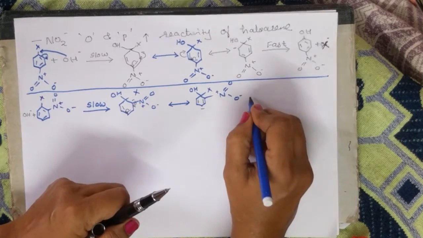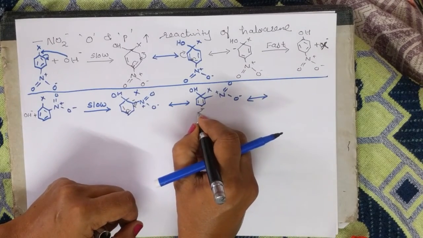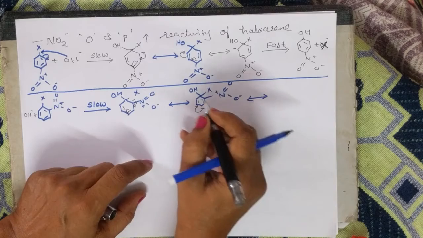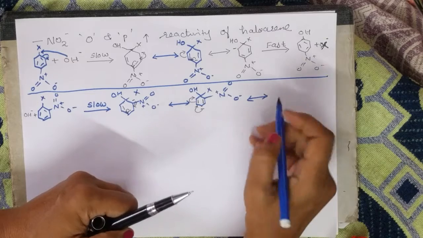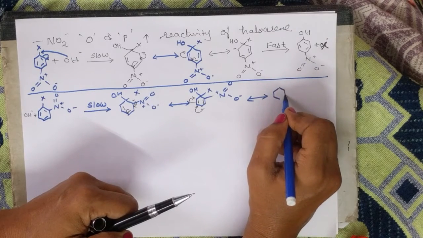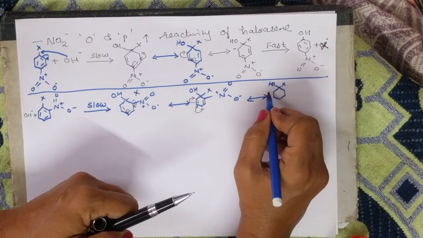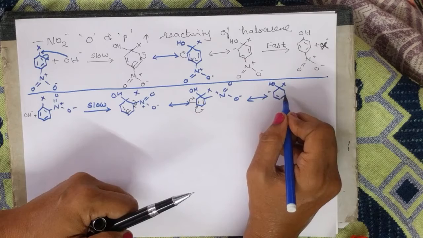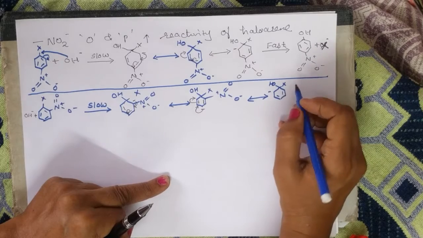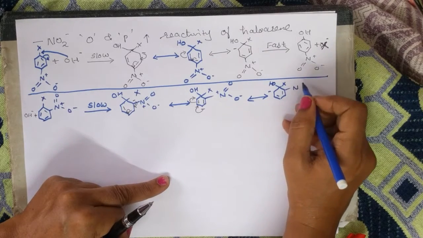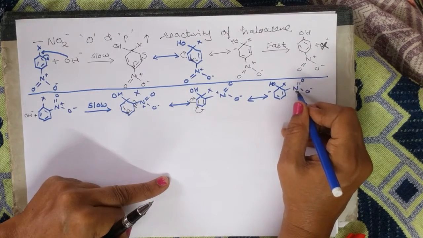Now in the next resonance, this bond formation is here and this bond breaks. So here X, OH, here it is a minus charge, here it is a bond formation, and your NO2 group is N double bond O, O minus and plus.